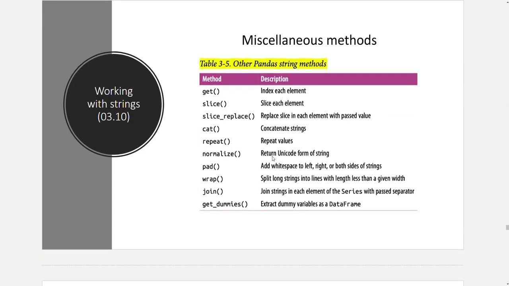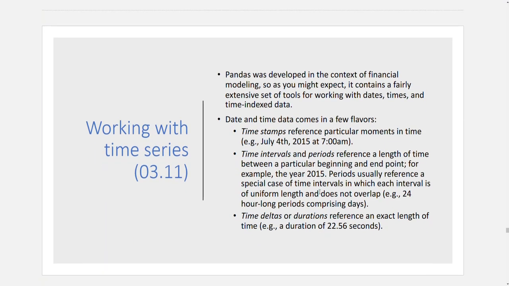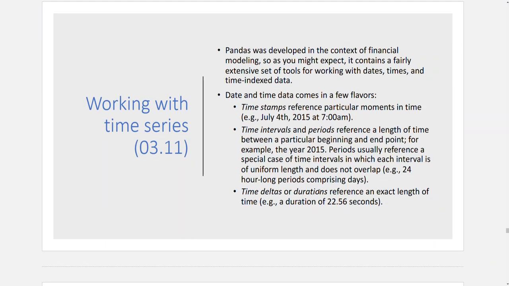Okay. So we've got a variety of different string methods. There are a variety of string methods built into Python as well. Now, one of the things that we have available to us is time series. We've got datetime in Python. Pandas has it built into it as well.